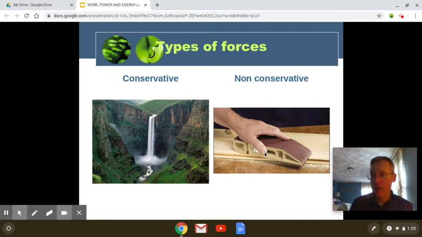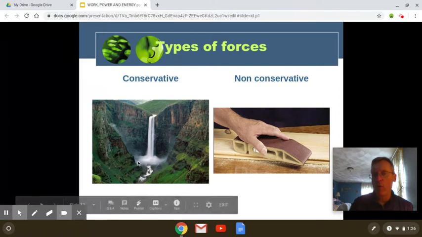Friction, on the other hand, you don't get the energy back. So if I take this block and I move it over here, friction opposes the block moving. If I move the block back to its original position, since friction changes direction and opposes it in the other direction, I don't get that energy back. With gravity, if you put energy into it, you get that energy back, or gravity will give it back to you. That's why we say it's conserved.